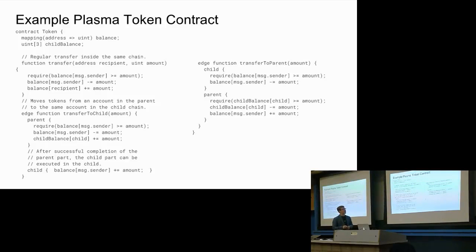So balance here and balance there are two different things. This is in the context of the child chain, and this is in the context of the parent chain. But because the contracts are identical, because they share the code, this works between the two chains.